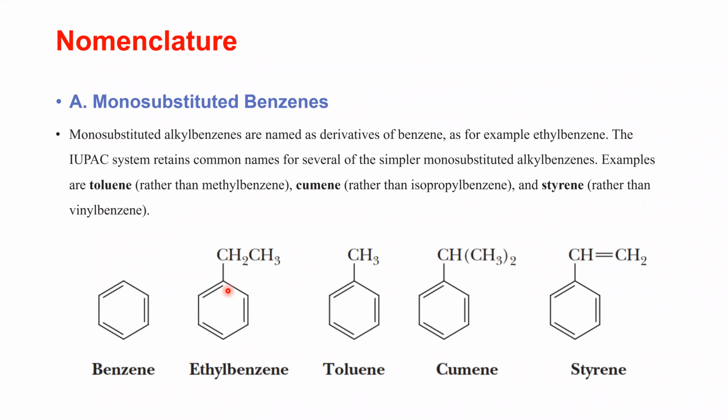The next one is nomenclature. For the nomenclature, there are 3 categories of how we can name these. There is a monosubstituted benzene ring, a disubstituted one, and the third one is the polysubstituted benzene ring, which has more than 2 substitutions on the benzene ring.